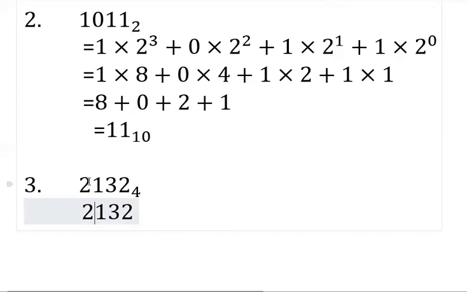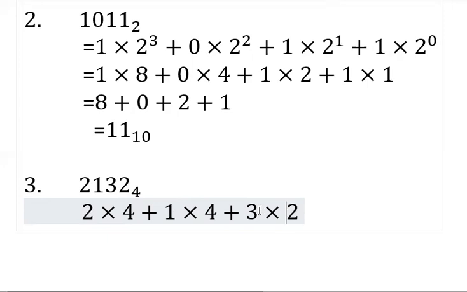So now we are going to have 2 times 4 because it's in base 4 now. 2 times 4 plus 1 times 4 plus 3 times 4 plus 2 times 4.